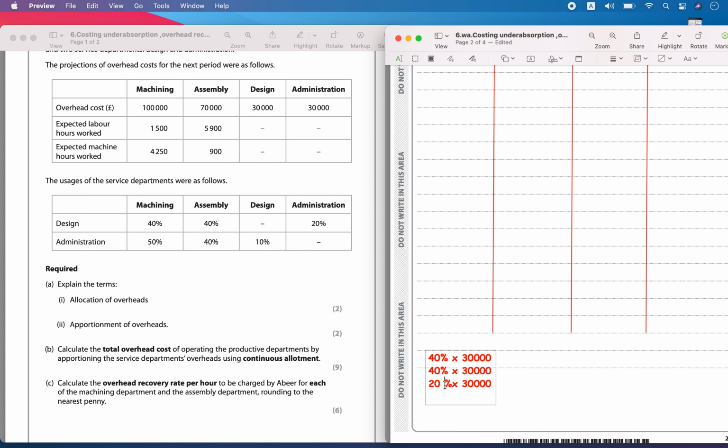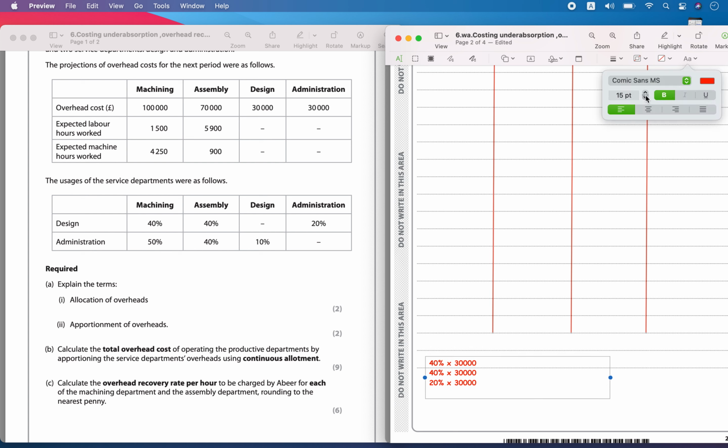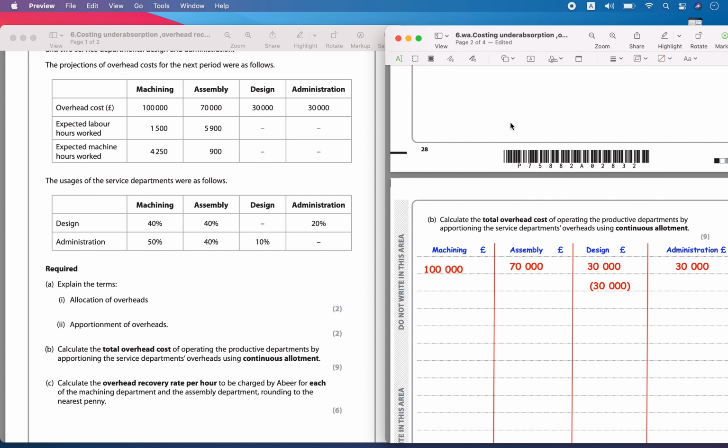Let's put that cost. 40% of 30,000 is equal to 12,000, this one is also 12,000, and this value is 6,000.